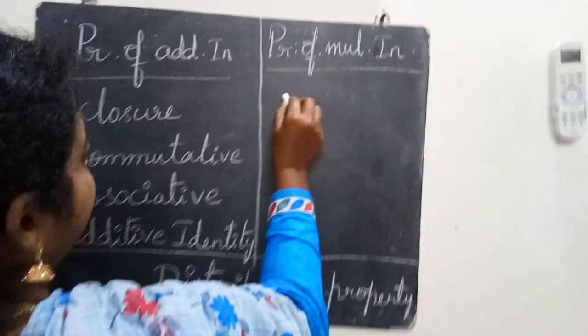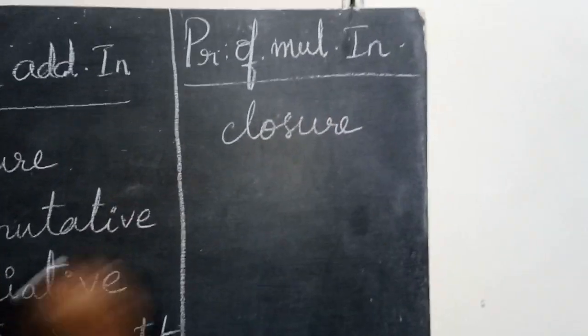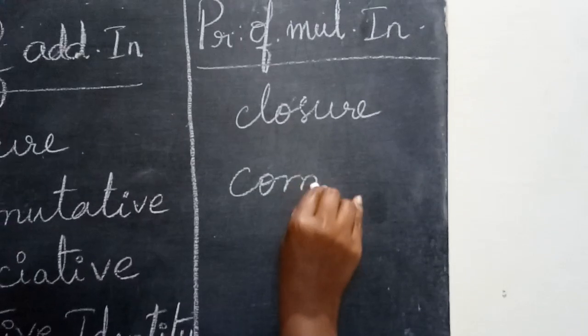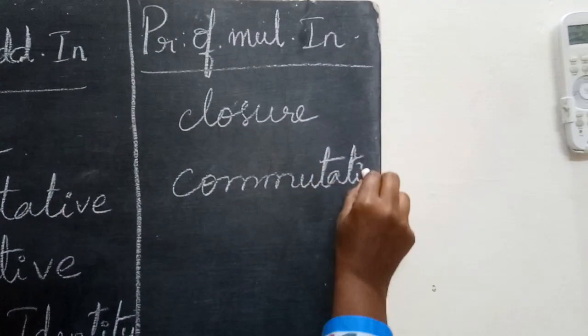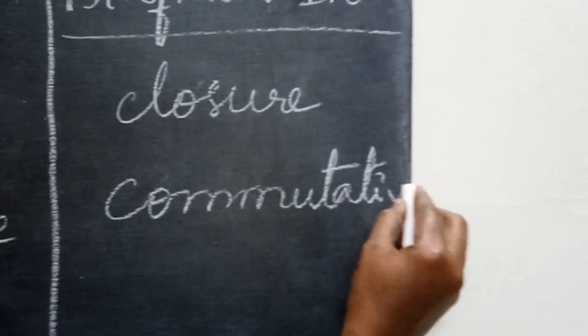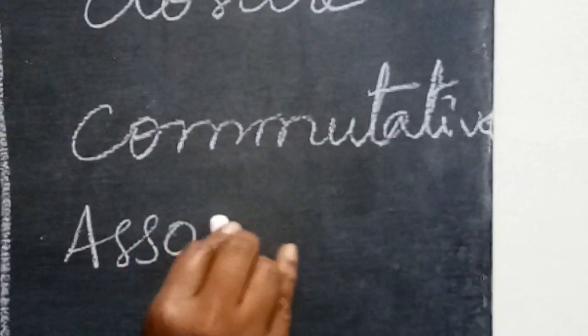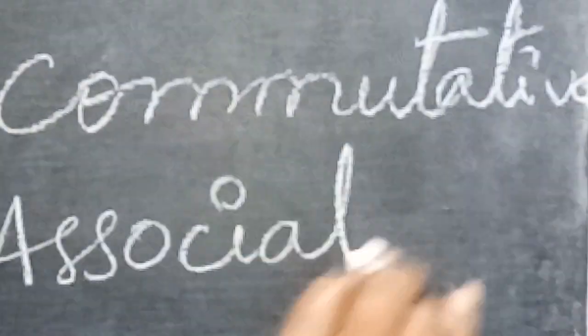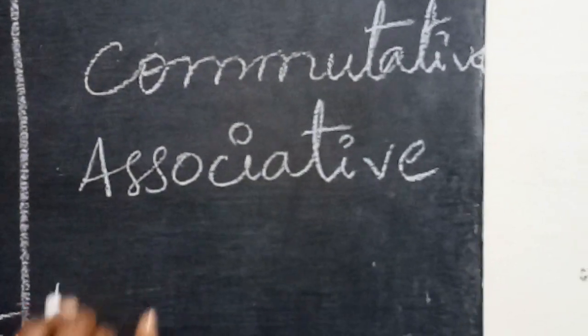The same way here also closure property and commutative. And the next one, associative. The next one is multiplicative identity.